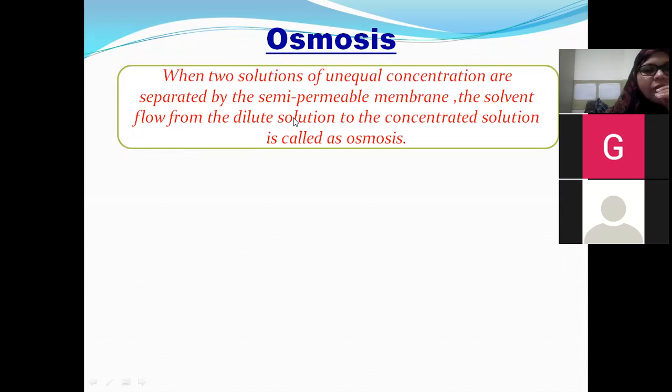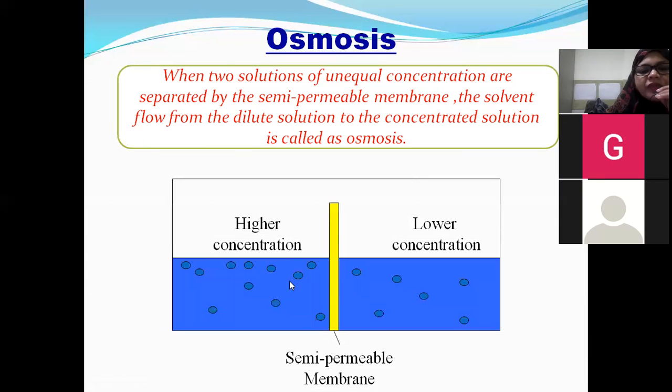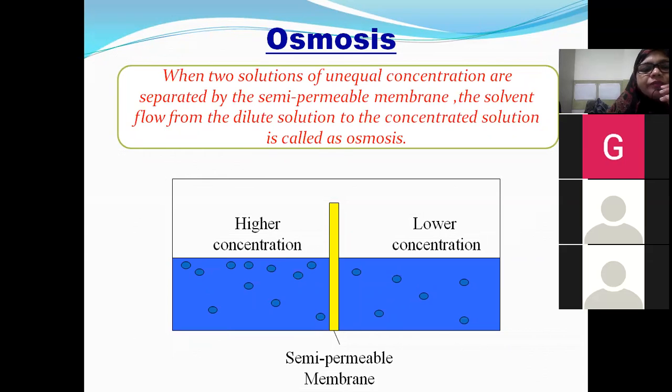This is a tank in which we have put a semi-permeable membrane at the center and two solutions, one with lower concentration and one with higher concentration. To show this, I have taken a few impurities in the lower concentration and more impurities in the higher concentration. When the solvent flows from lower to higher concentration, that is known as osmosis.